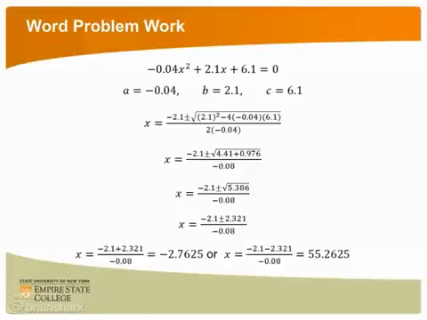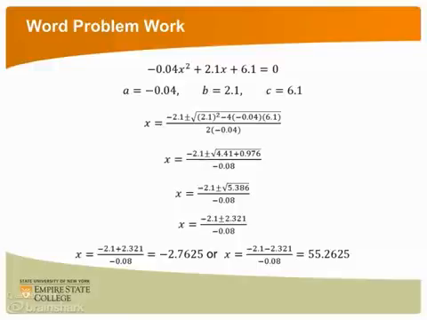Looking at the plus option, we have the quantity negative 2.1 plus 2.321 divided by negative 0.08, which is negative 2.7625. For the minus option, we have the quantity negative 2.1 minus 2.321 divided by negative 0.08, which is 55.2625.